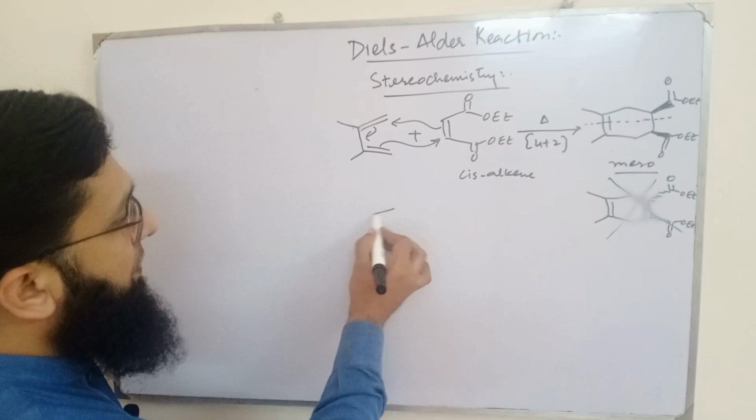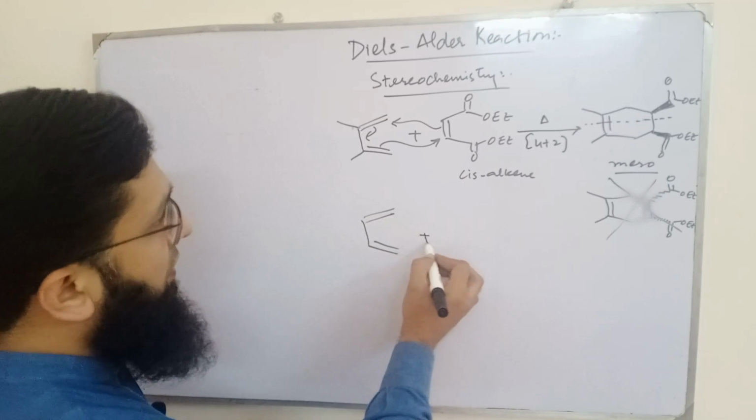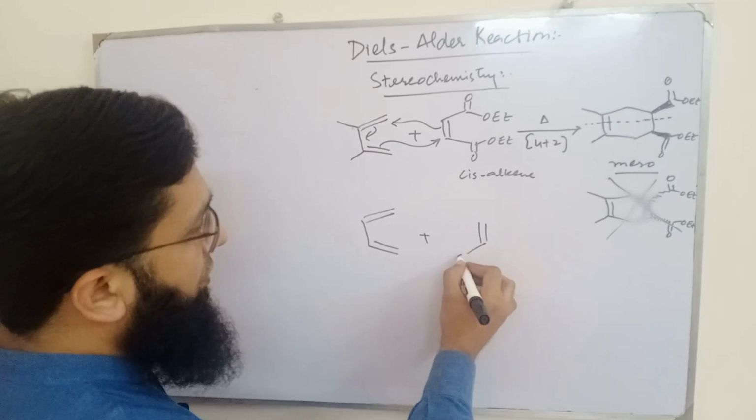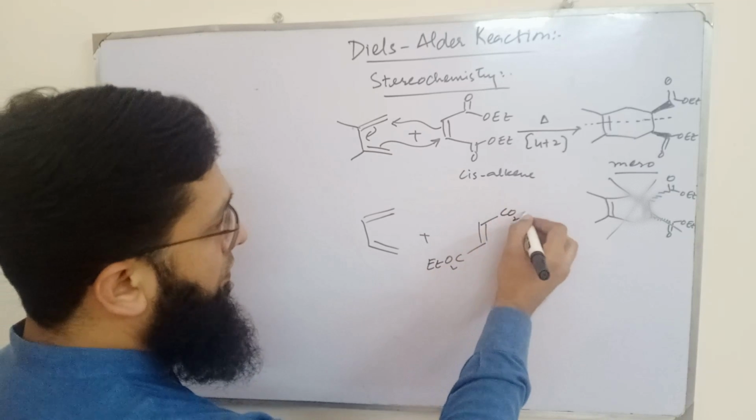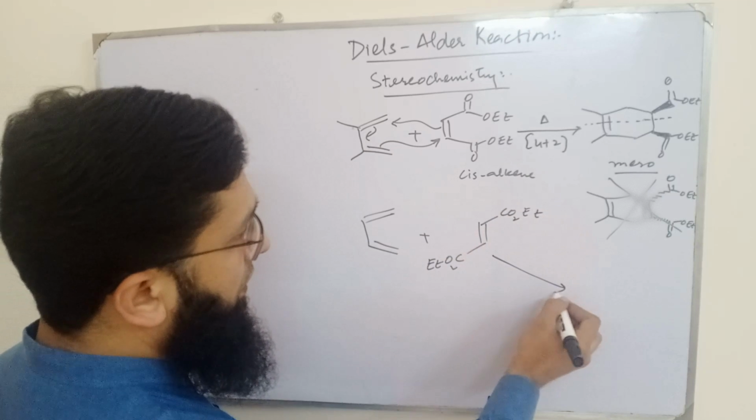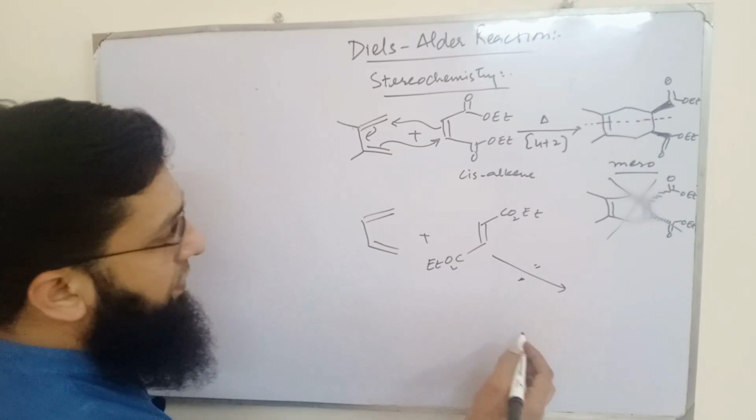If we take another example in which both of the groups are trans to each other, so as a result we have similar conditions.